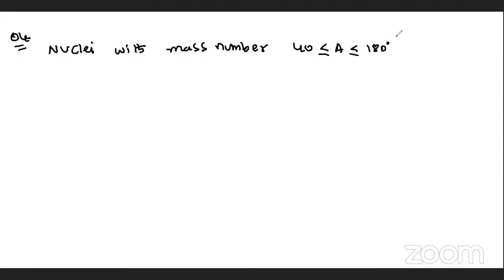Okay, next, nuclei with mass number 40 ≤ A < 180. Then what will happen?